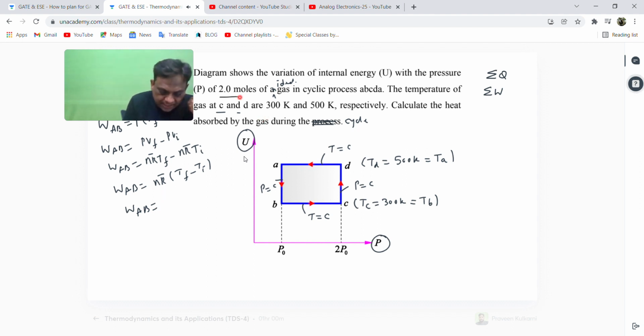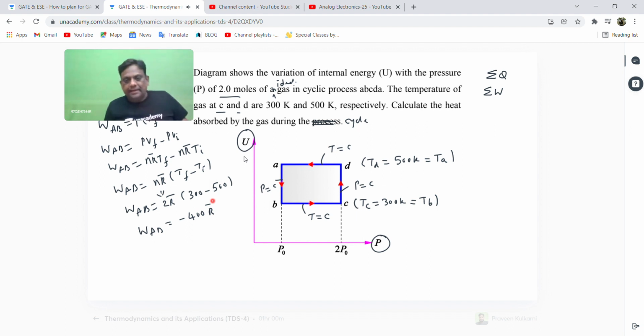How many moles are there? 2 moles. R bar. What is final temperature? A to B means TB minus TA. TB is 300 minus TA. What is TA? 500. So what is the work in AB? It is 200 minus 400 R bar.